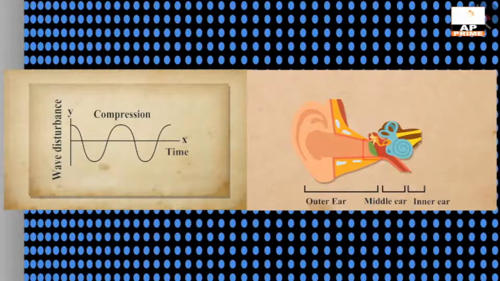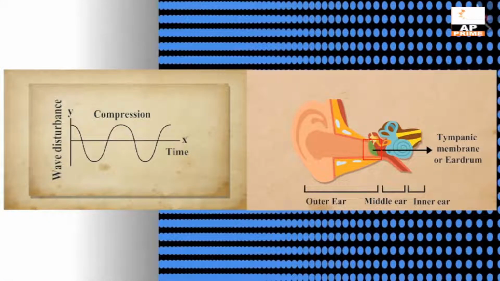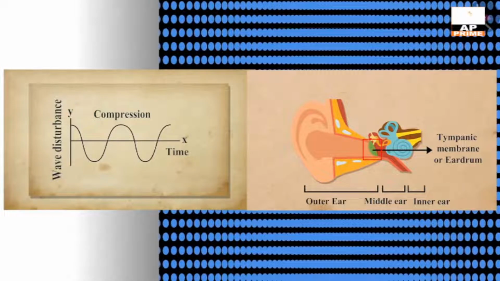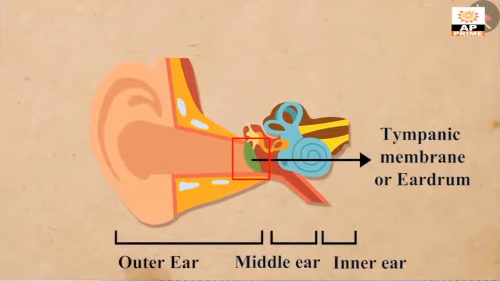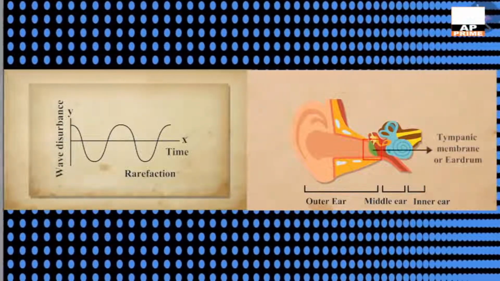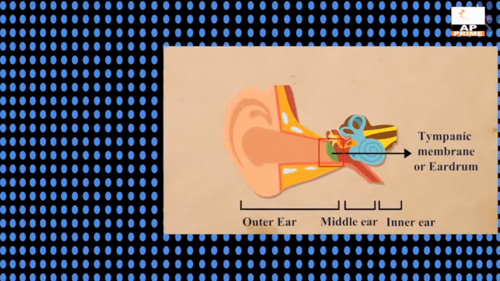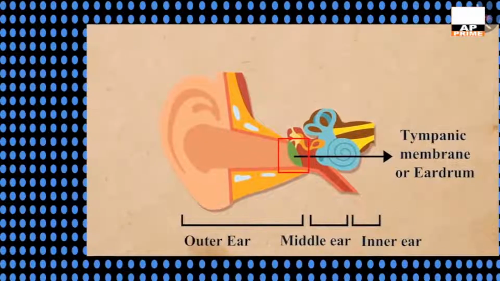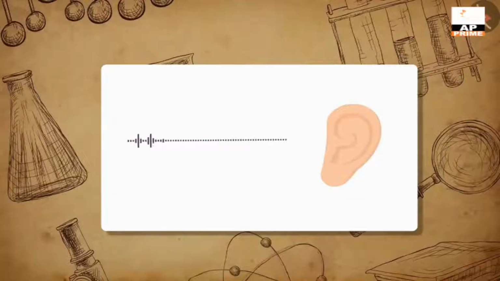Whenever a compression of the medium reaches the eardrum, it increases the pressure outside the membrane and forces the membrane inward. Similarly, when a rarefaction of the medium reaches the eardrum, it forces the eardrum outward. In this way, vibrations are produced by the sound in the eardrum.